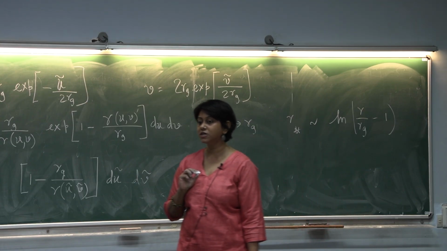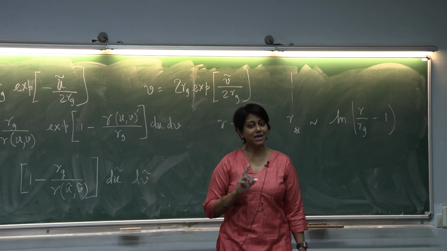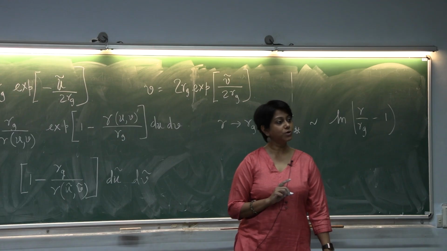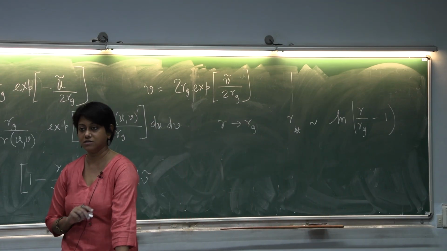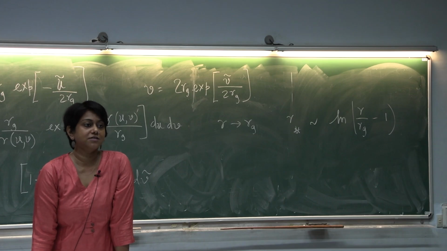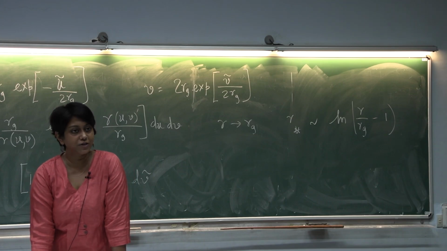It is not regular near the horizon, I mean at the horizon. So it can give you a good answer only for those radial distances which are greater than Rg. So if r is greater than Rg, please play around with the tortoise coordinate, nobody will mind.